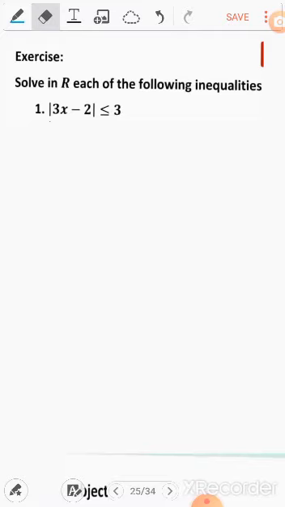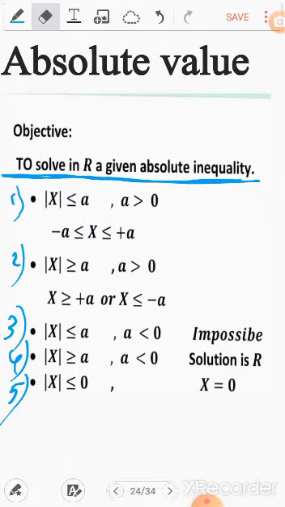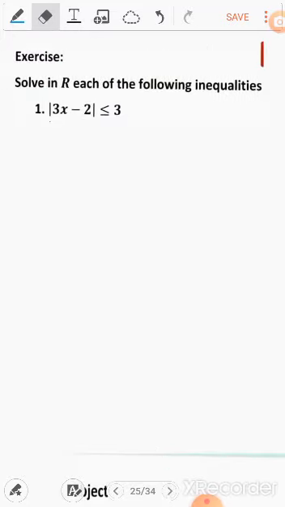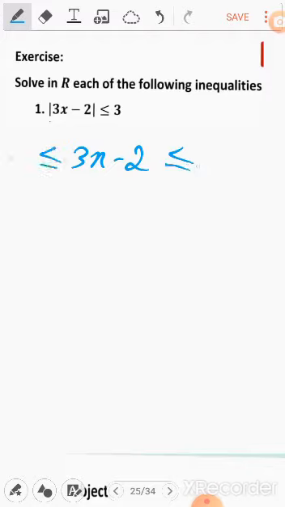Now let us solve our inequality. Absolute 3x minus 2 less than or equal to 3. This is of the form absolute x less than or equal to a with a positive. So 3x minus 2 is included between minus 3 and plus 3. We are solving, so we are finding x.